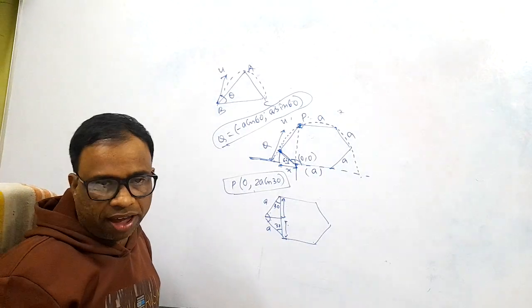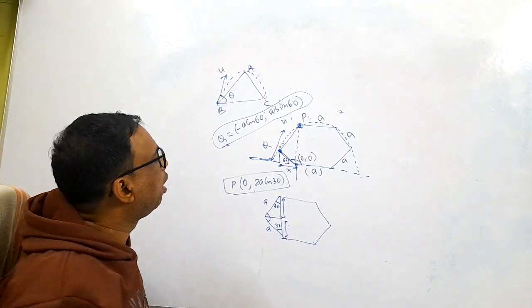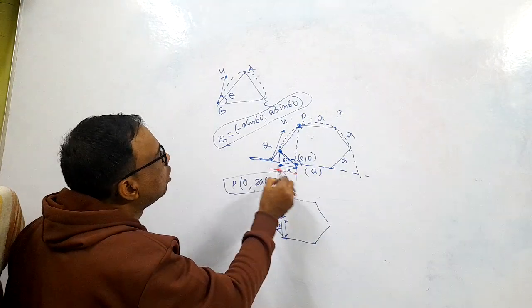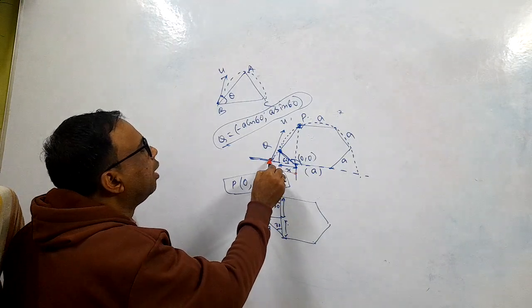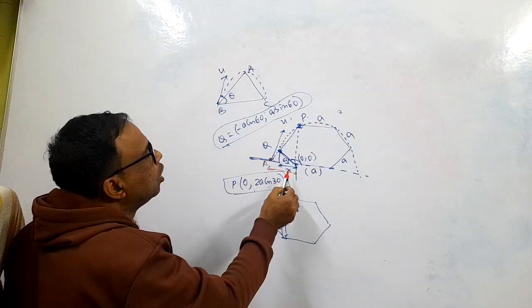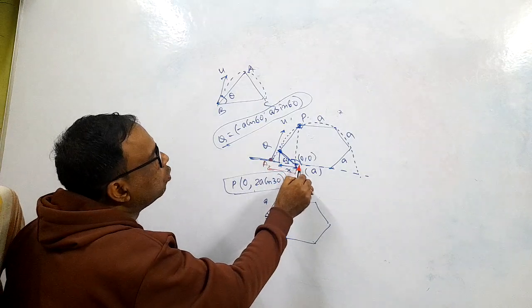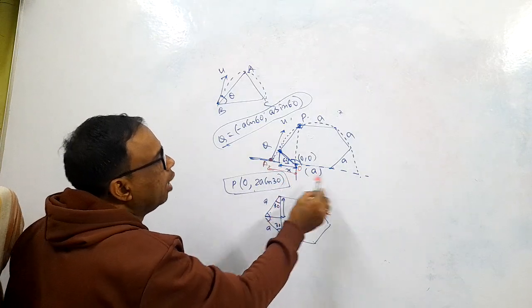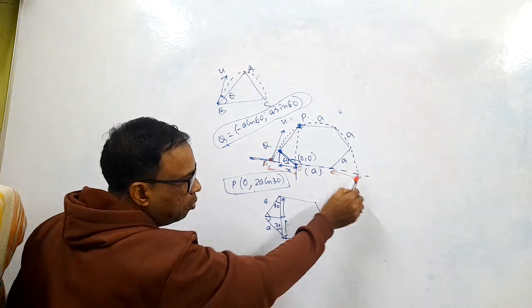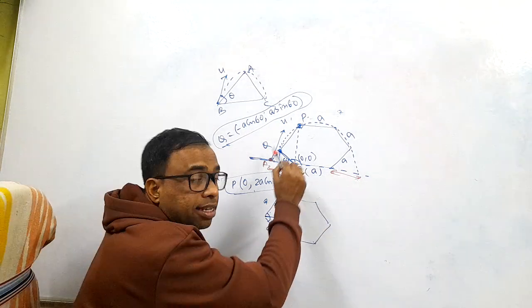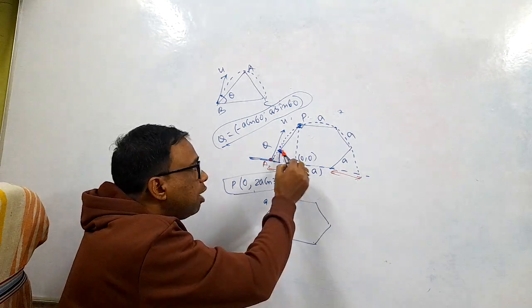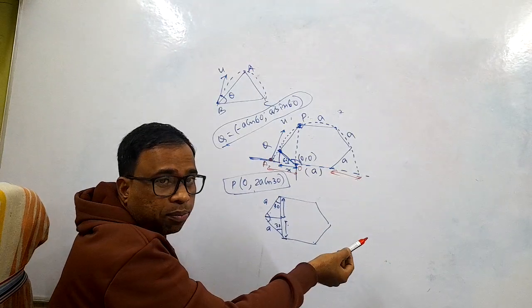Another very interesting fact: the distance of the throwing point of the particle, suppose from here A, to the origin O, and this distance must be equal because of symmetry, since it is a regular hexagon. So you can apply symmetry.